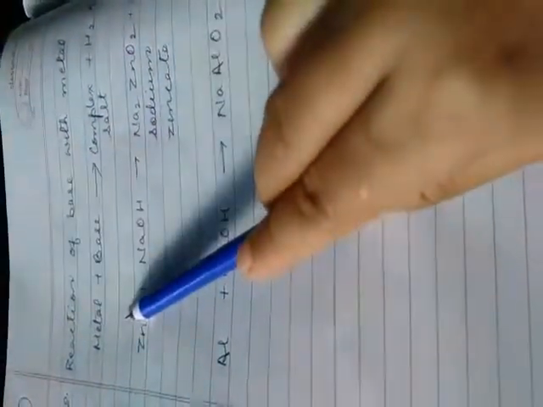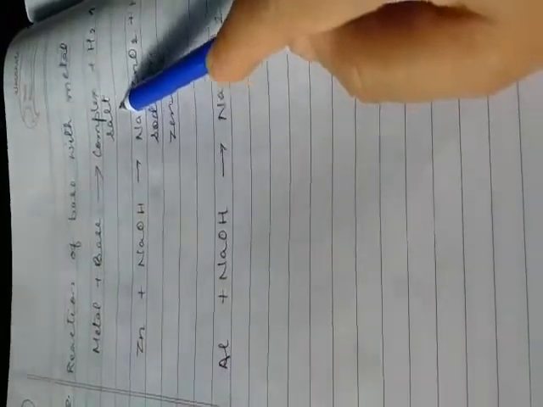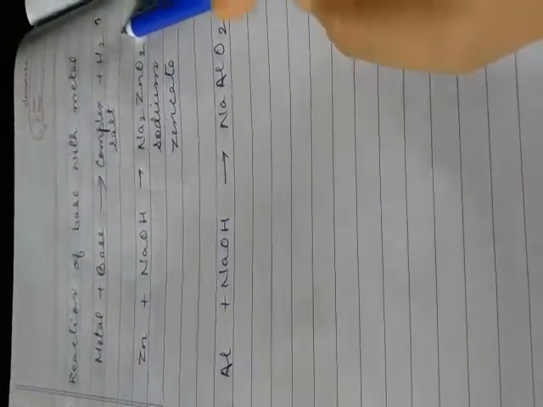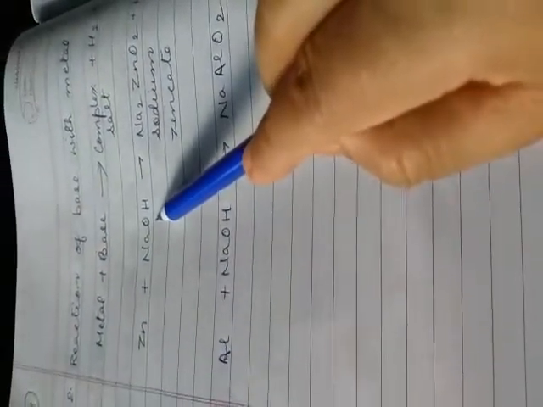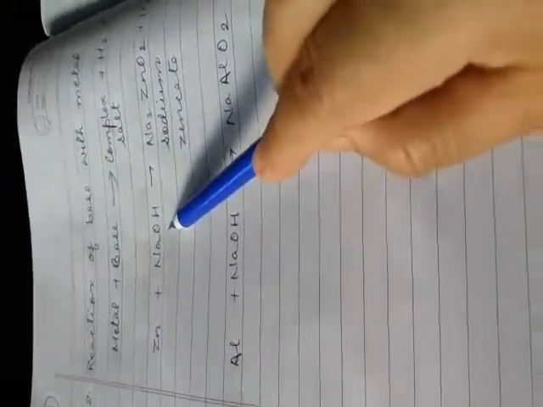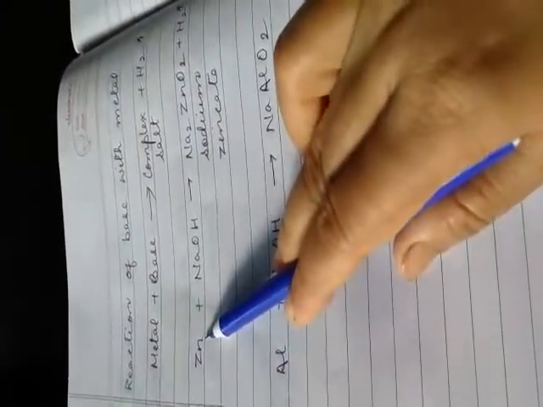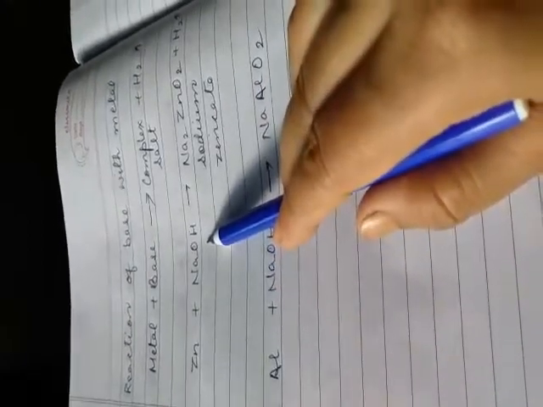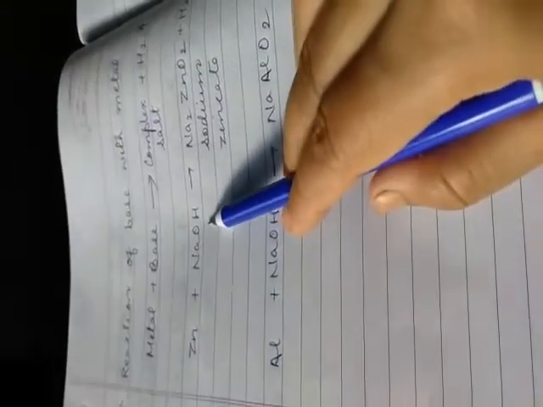When a metal reacts with a base, a complex type of salt is formed with the liberation of hydrogen gas. For example, if zinc reacts with sodium hydroxide, for this type of reaction, alkali is required. When zinc reacts with sodium hydroxide, this is a very slow reaction.